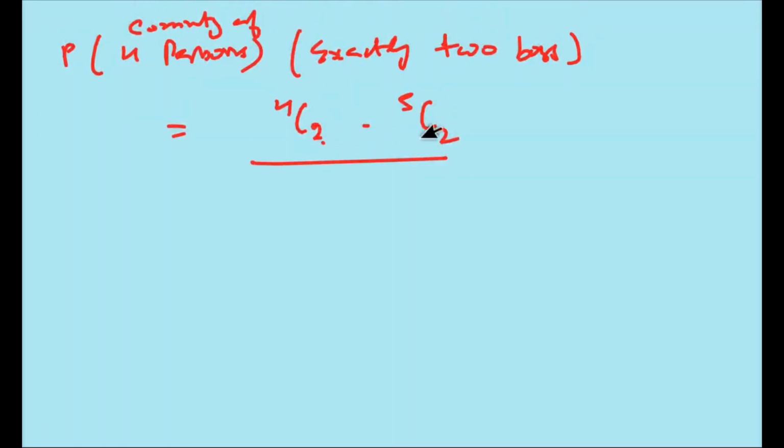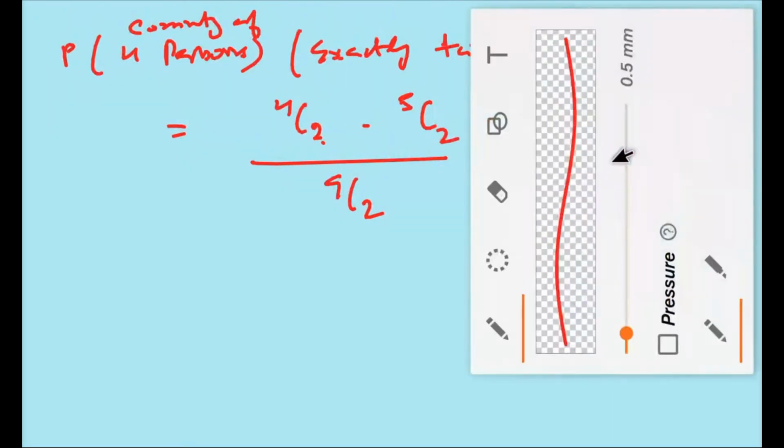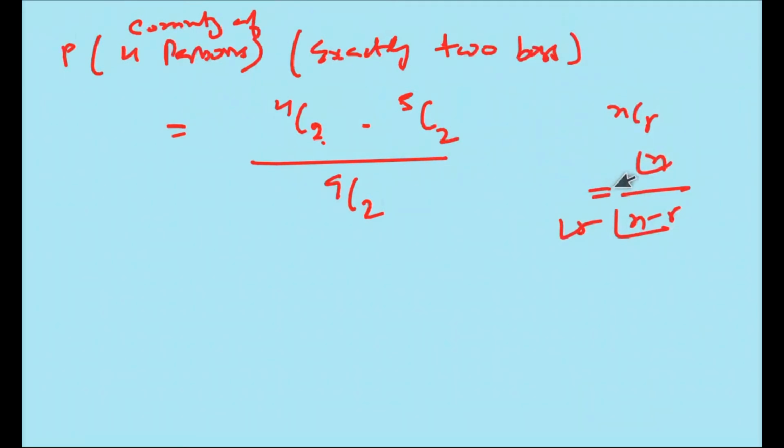In total you select 4 members from 5 plus 4, 9 members, that is 9C4. This you have to solve, and you know the formula nCr is factorial n upon factorial r factorial n minus r. Using this formula you can solve this very well.